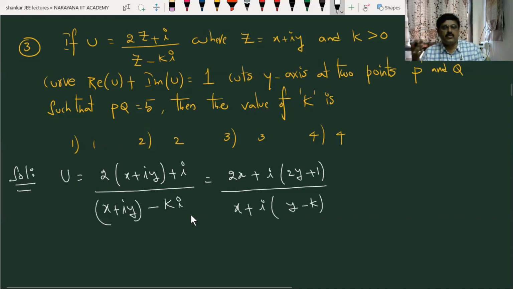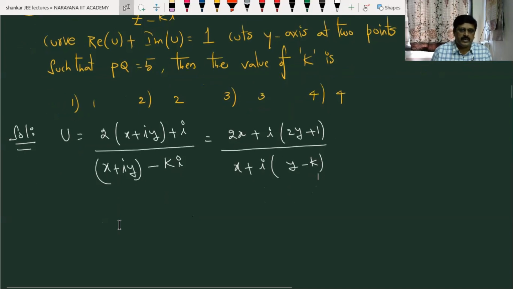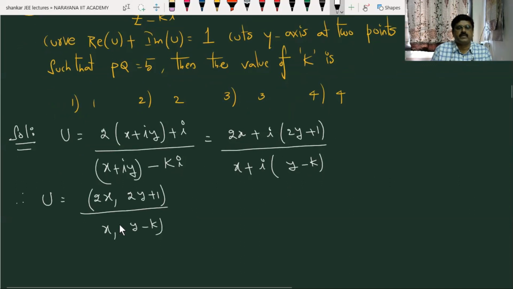So students, 2x plus i of 2y plus 1 upon x plus i of y minus k. We know that every complex number can be shown as a point in the orthogonal plane. Therefore, it will be u is equal to (2x, 2y plus 1) upon (x, y minus k).